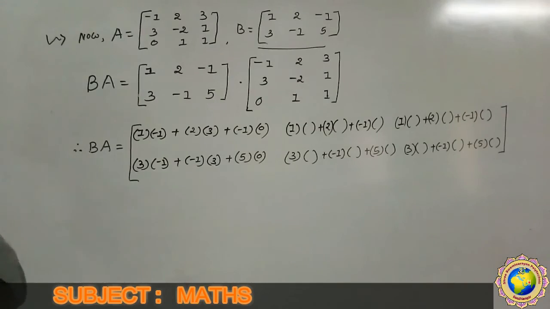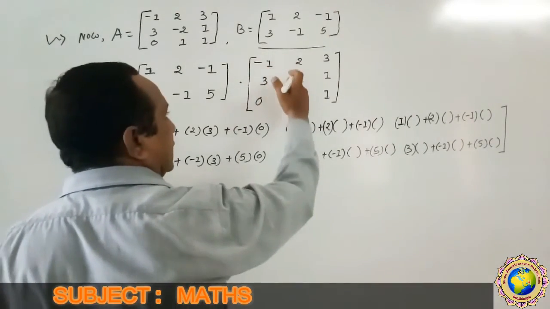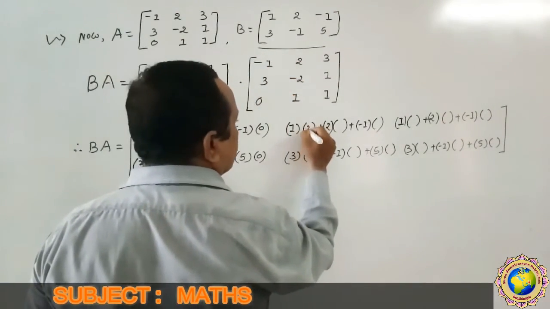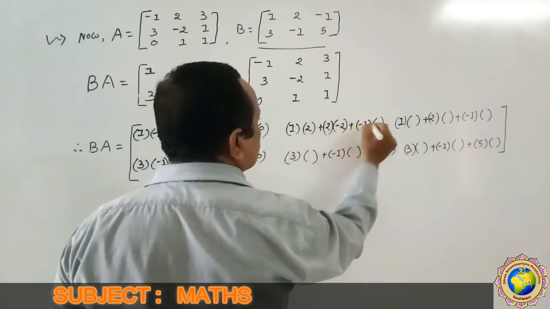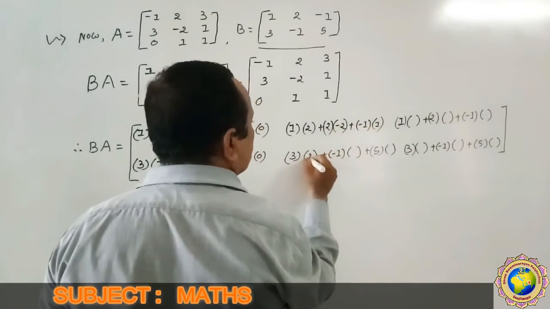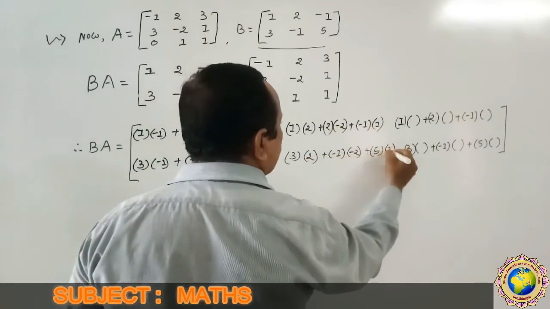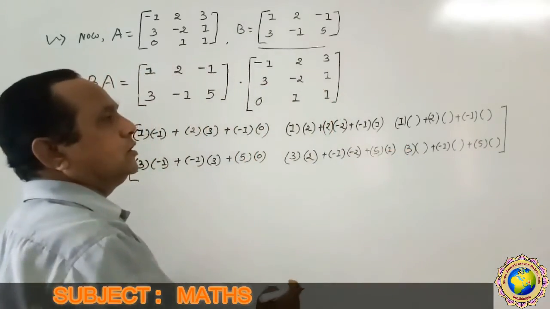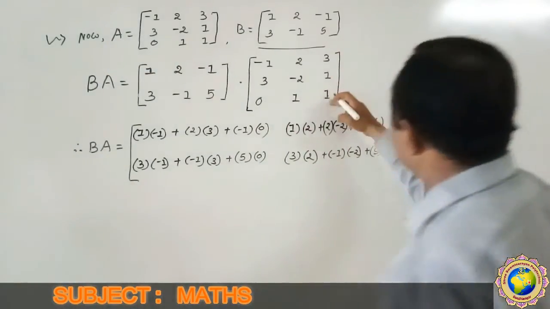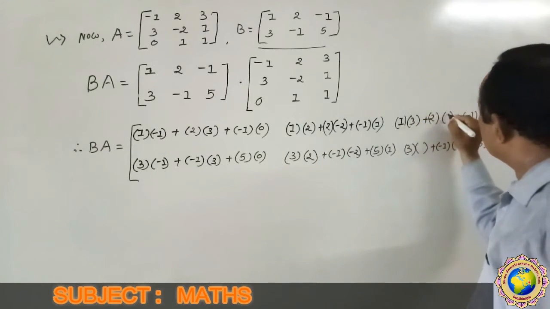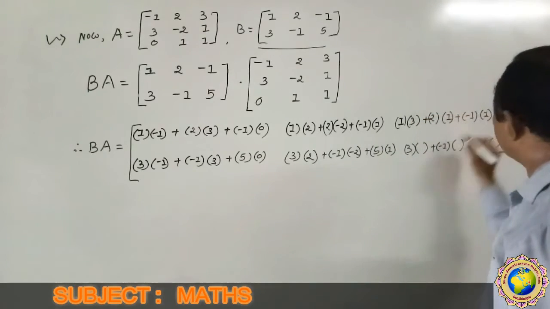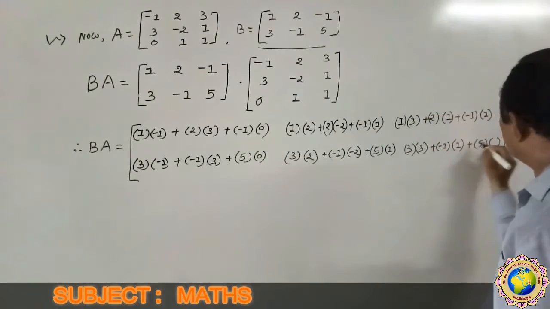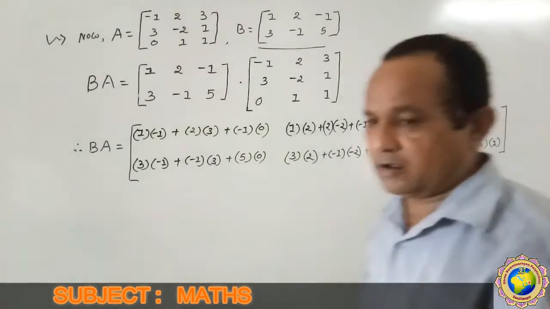Now write down the second row 2 minus 2 and 1, so here 2, minus 2, 1, and 2, minus 2 and 1. Now the third row: 3, 1 and 1. So here 3, 1 and 1, 3, 1 and 1. Clear?